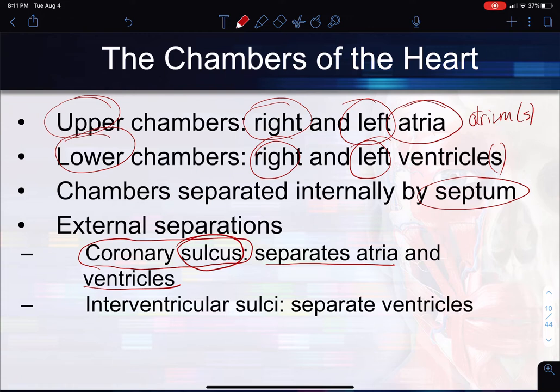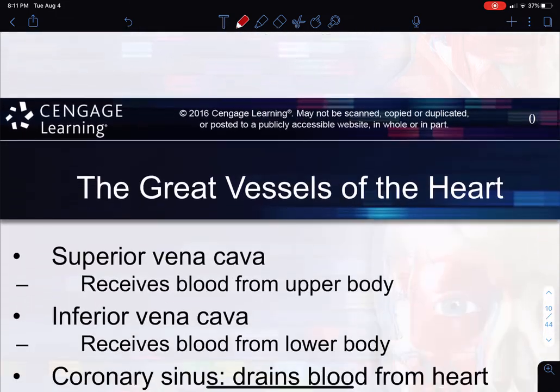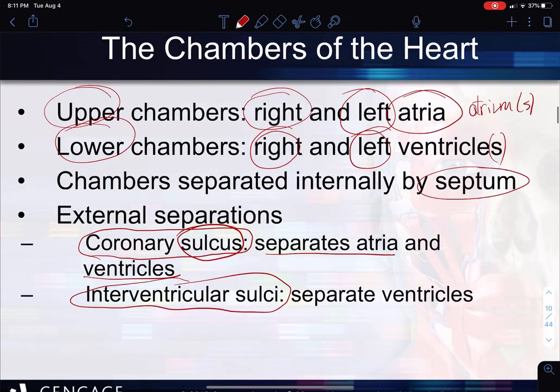On the posterior aspect of the heart, you can also see the interventricular sulci. This is going to separate the ventricles in the inferior half of the heart. And they're named for exactly where they are also. I didn't mention that. So the coronary sulcus actually follows where the coronary arteries and veins are. And then the interventricular, meaning in between the ventricles.